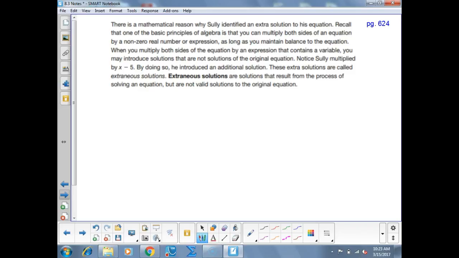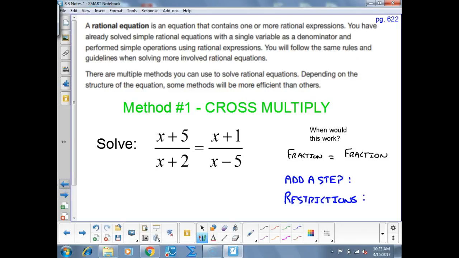Because 9 times out of 10, it's part of your restrictions. So if you list the restrictions first, then if you get one of those answers at the end, you can throw it out. Because it's not going to work. It's part of your restrictions.